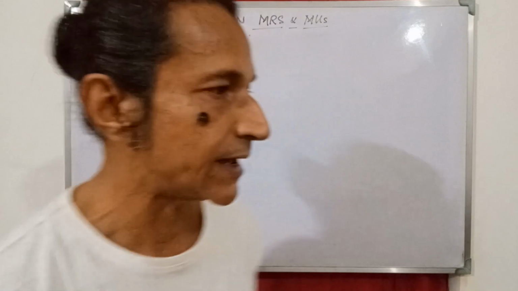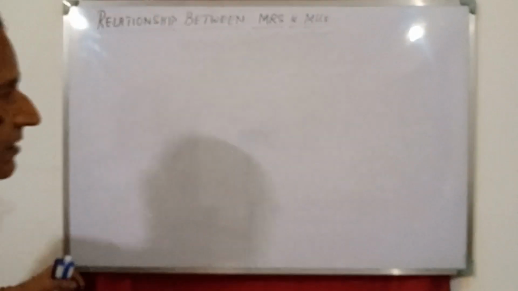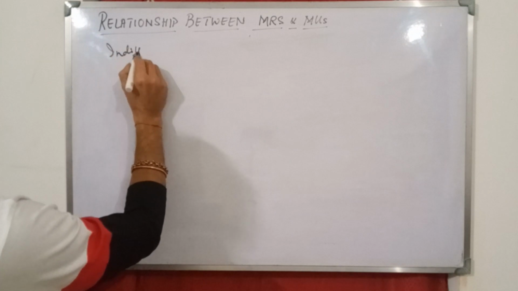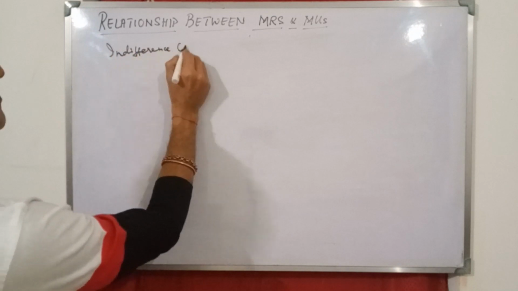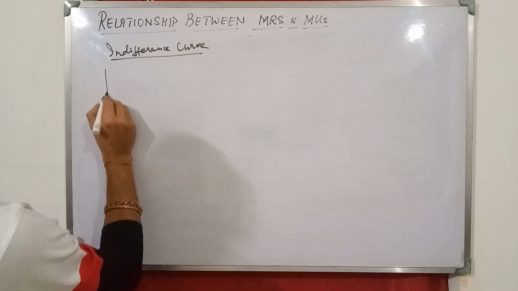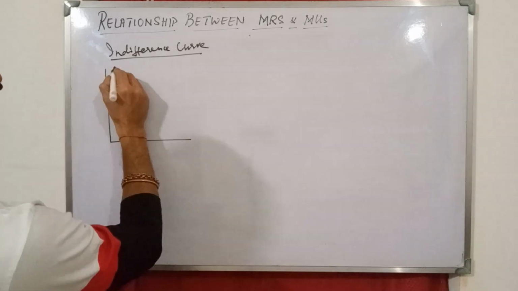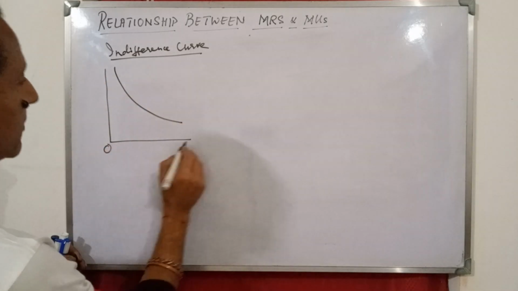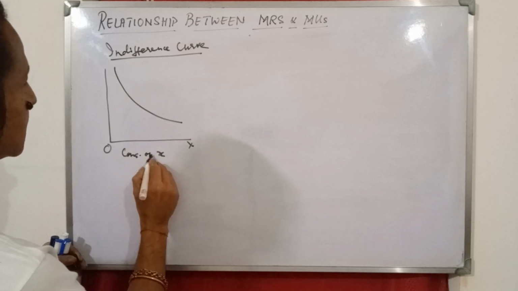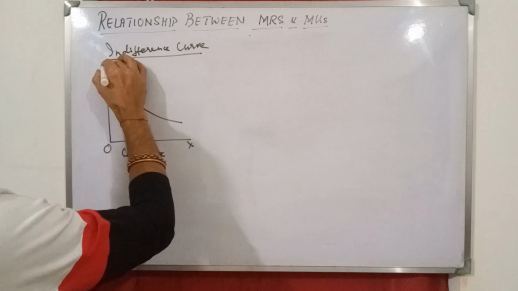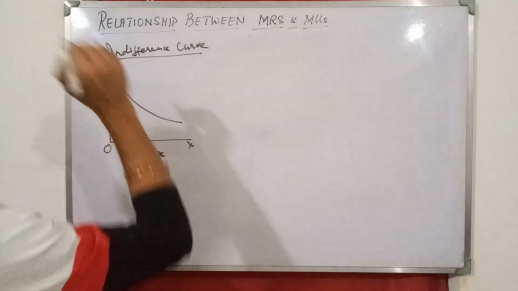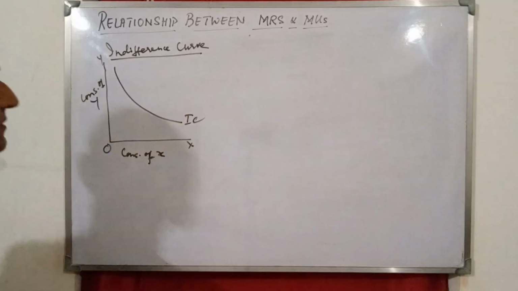If we draw the diagram, we will get an indifference curve like this. On the x-axis we measure consumption of X, and on the y-axis we measure consumption of Y, and this is the indifference curve.